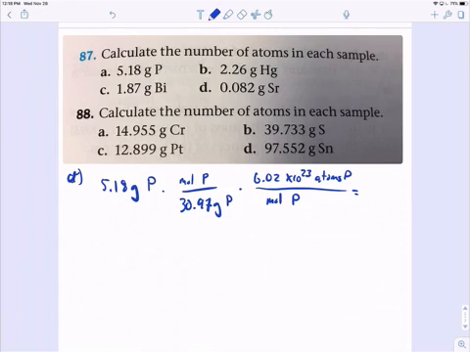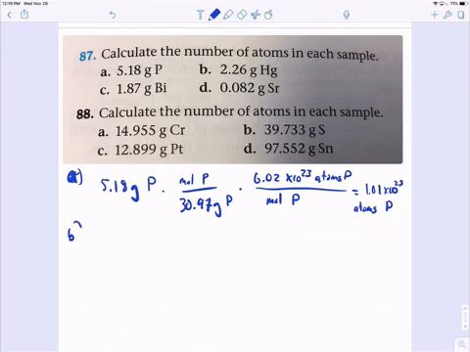Okay. 30.97 times 6.02. And this is 1.01 times 10 to the 23rd. So, and I'll do one more.